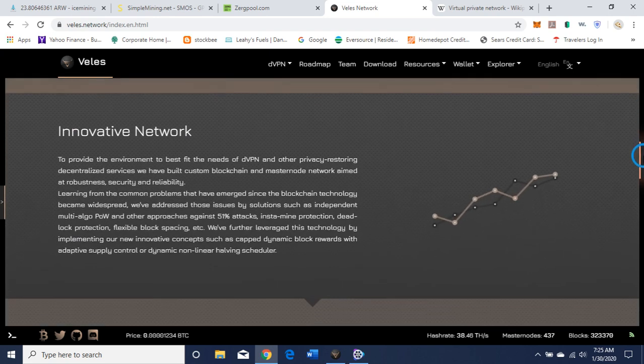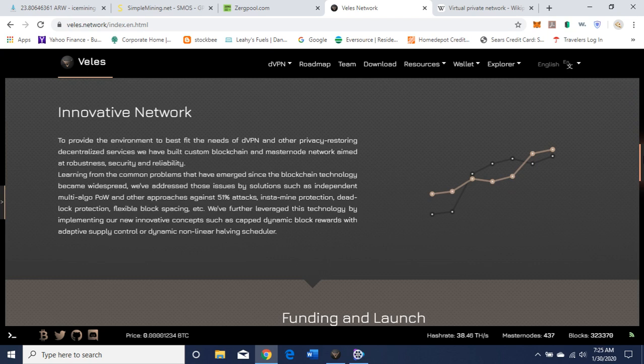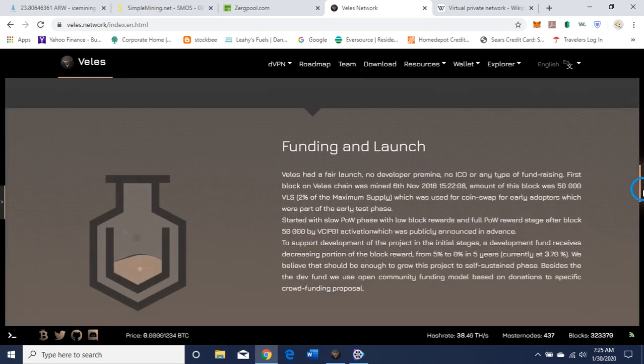Okay, moving on. Innovative network: to provide the environment to best fit the needs of a decentralized VPN and other privacy restoring decentralized services, we have built a custom blockchain and masternode network aimed at robustness, security, and reliability. And you can read more about that when you get a chance.